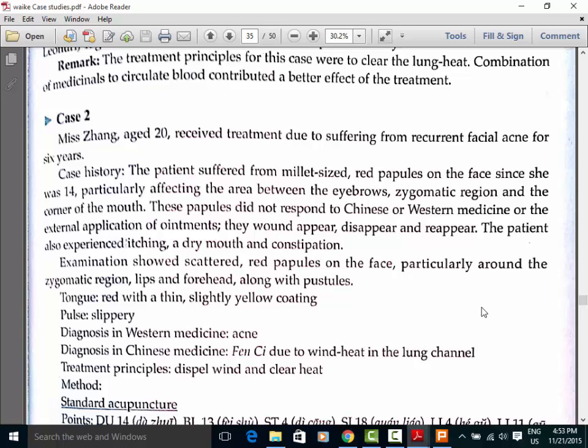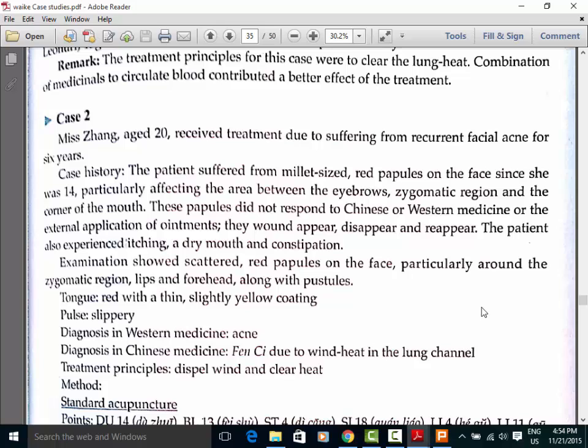Going through, the tongue is red with a thin, slightly yellow coating, and the pulse is slippery. Tricky. But again, there's no internal damp heat. There's the same kind of pure heat symptoms systemically.